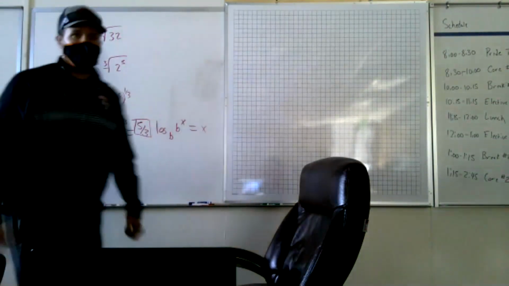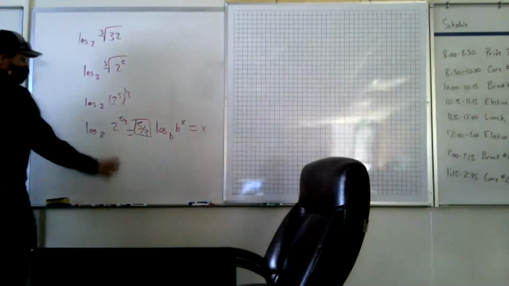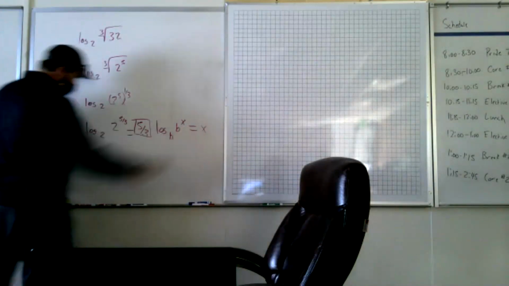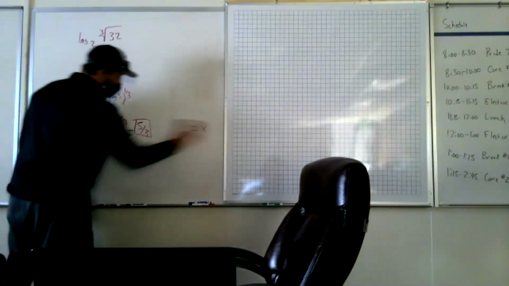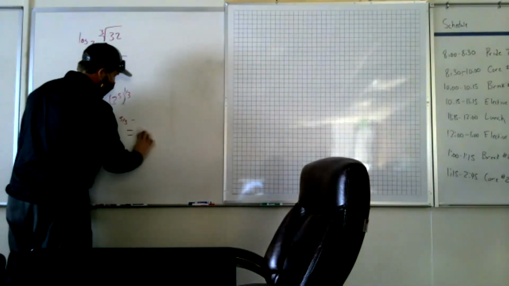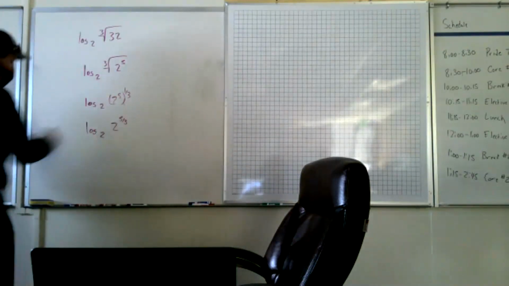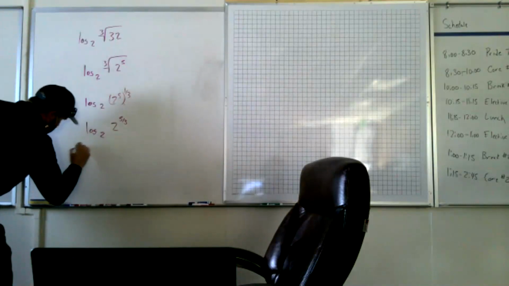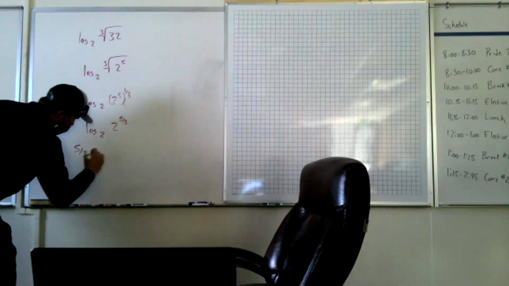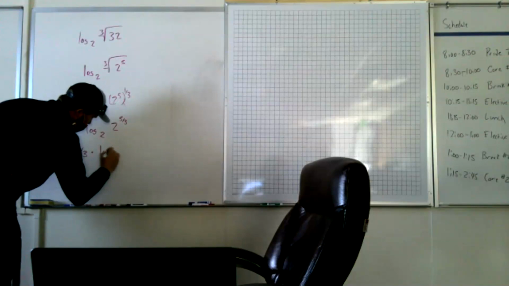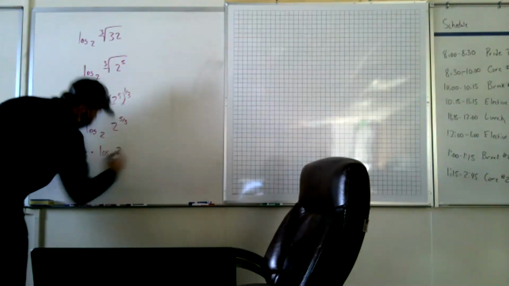Just like so. Another thing I could have done, or a different way of treating it, rather than using this property, I still have to use another property, even though we know that it's going to be 5/3. What I could have done is used the power property of logarithms, brought this 5/3 out front as the times of log base 2 of 2.